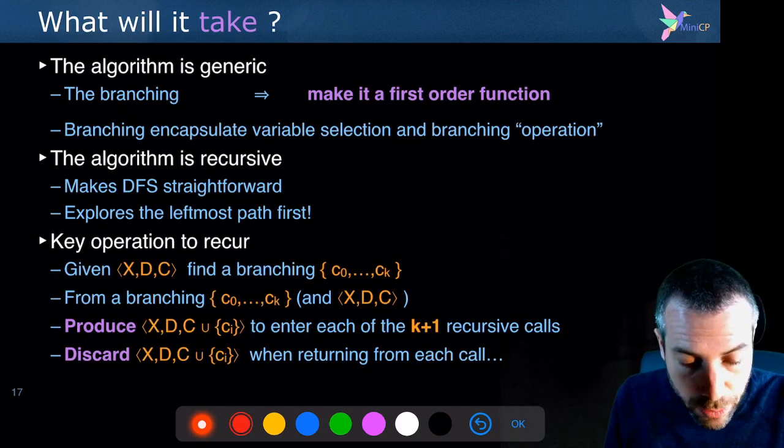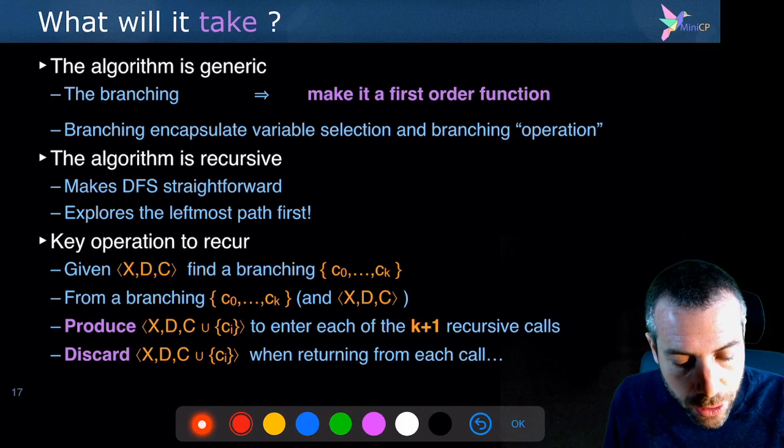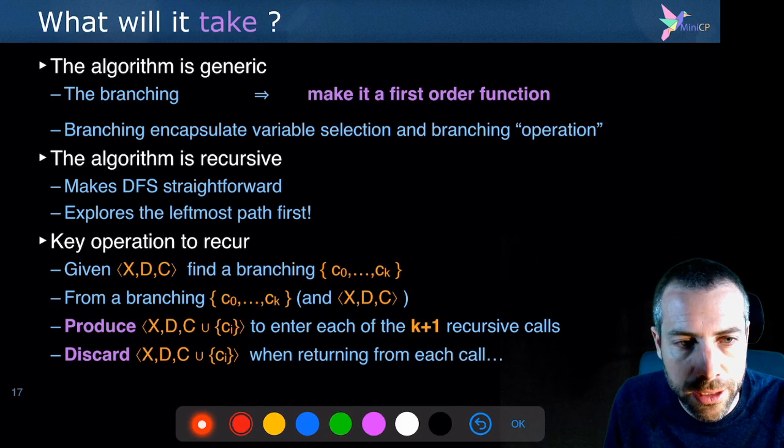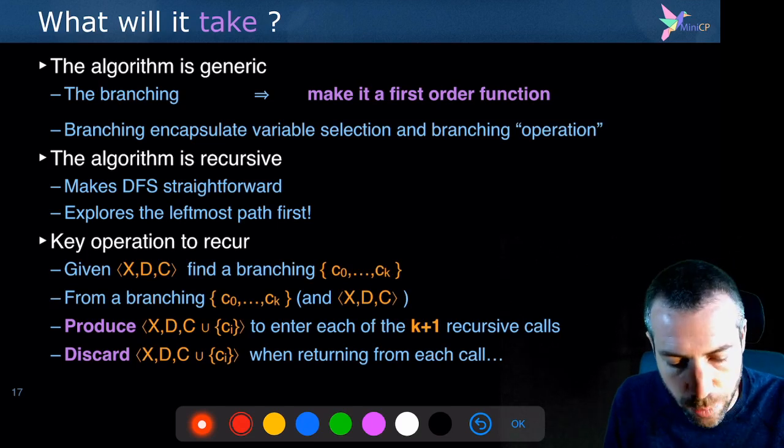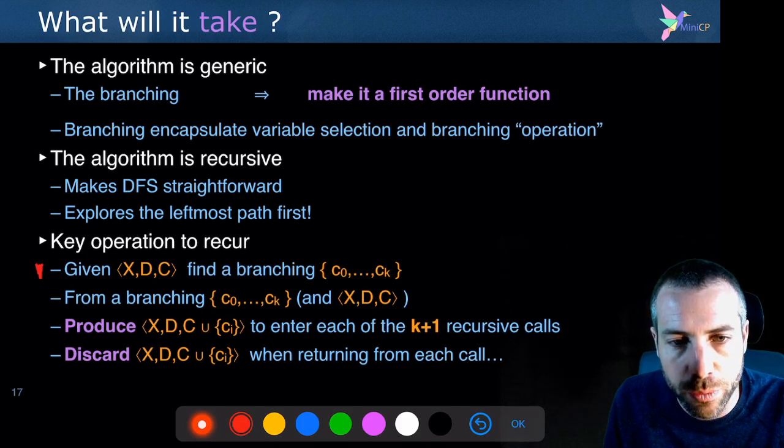So this algorithm is recursive, okay? And a key operation that we need to do is, given the current node, the CSP at the current node, we need to find a branching. Which means we need to find the set of constraints that we want to apply, C0 until Ck.